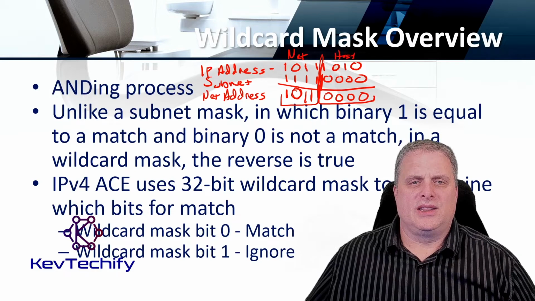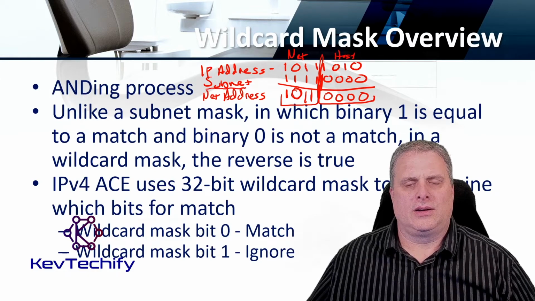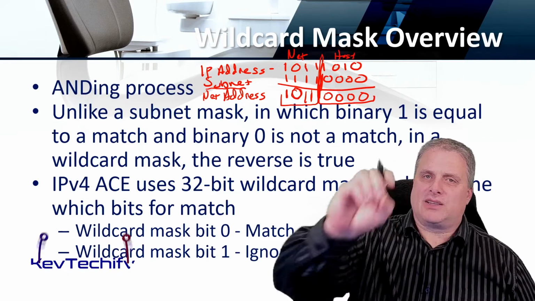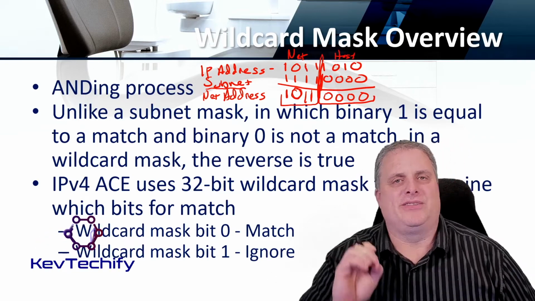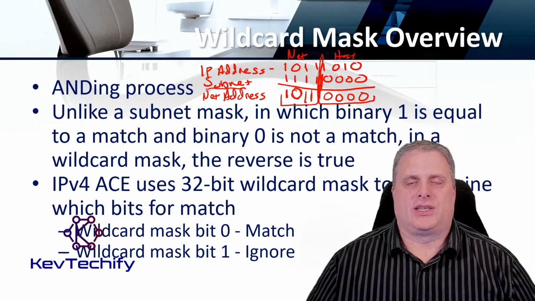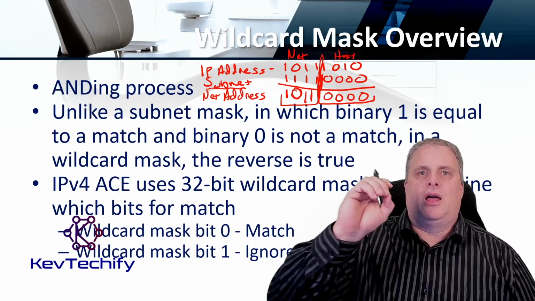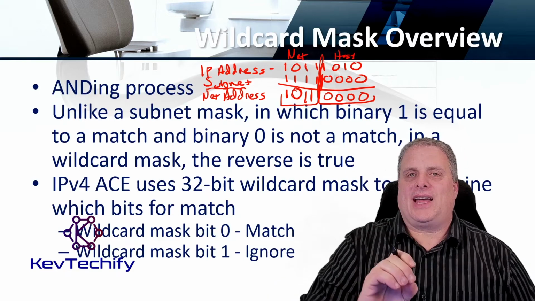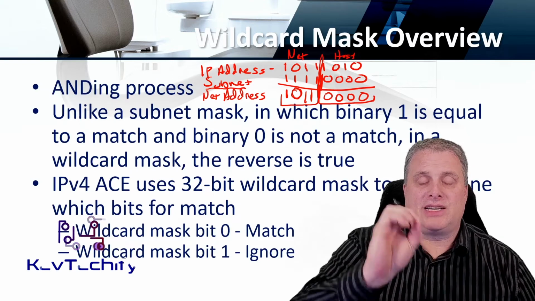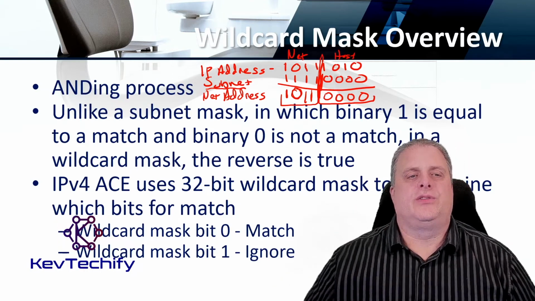Now, once again, this is subnetting. Wildcard masks are similar but different. They use the ANDing process, that's a similarity, but after that, there is a huge difference.